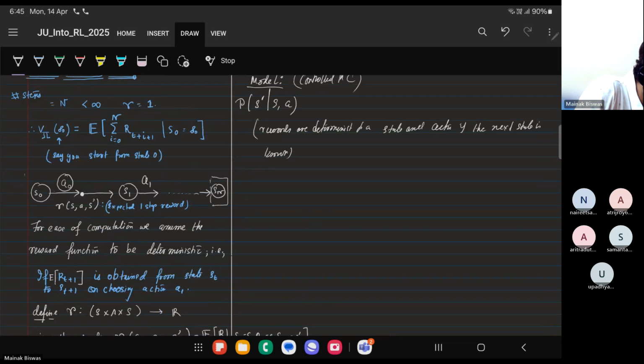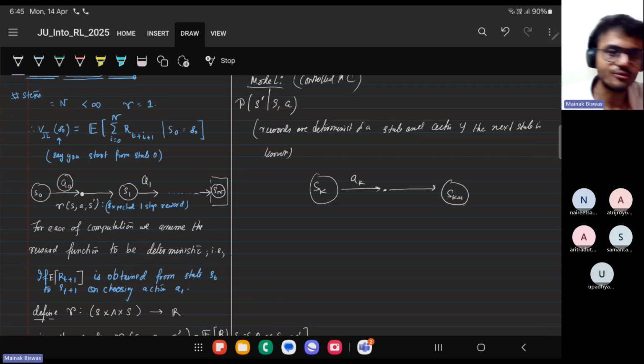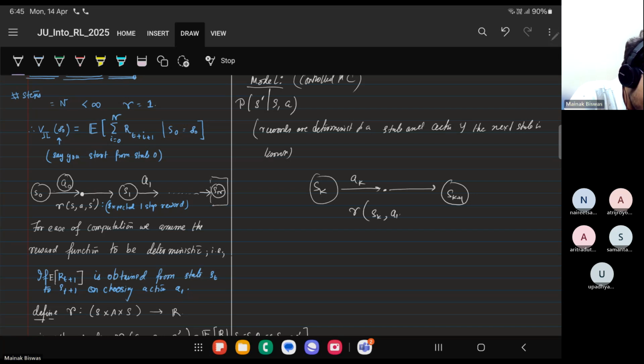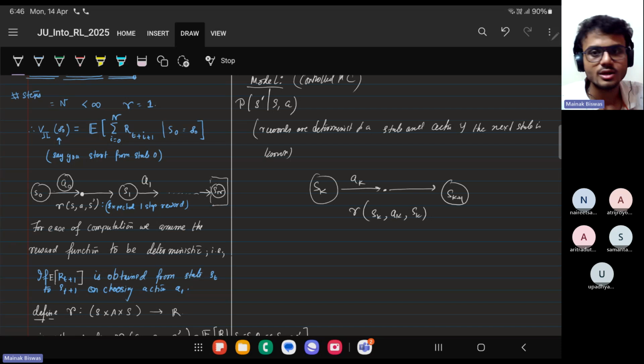Look at this box that I'm drawing. Say S_k, you take an action A_k and you go to S_{k+1}. So the reward that I will get here depends on S_k, A_k, S_{k+1}. Do you agree these three numbers will totally determine the reward I'll get, if there is no randomness? Do you agree?